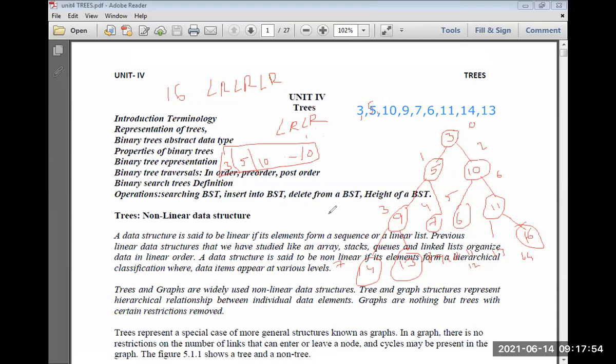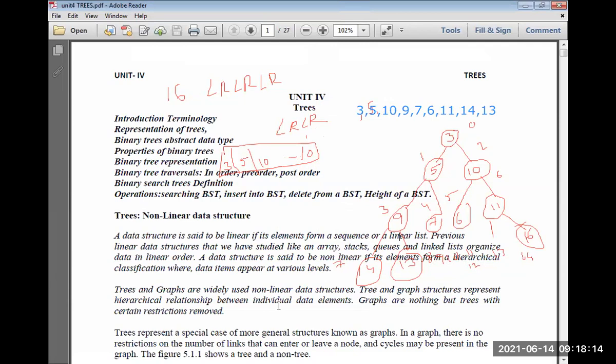After this about the binary tree, yesterday I told about AVL tree rotations. The last concept in our fourth unit is self-balancing trees. Self-balancing trees is nothing but our AVL tree.